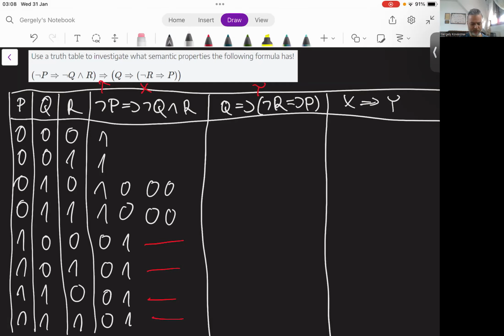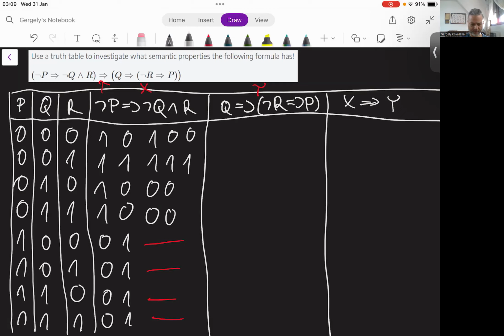In the remaining 2 interpretations, not Q evaluates to 1, and I can copy the values of R. So in the first case, the conjunction becomes 0, in the second case 1, and finally I can evaluate the implication here to 0 and 1.